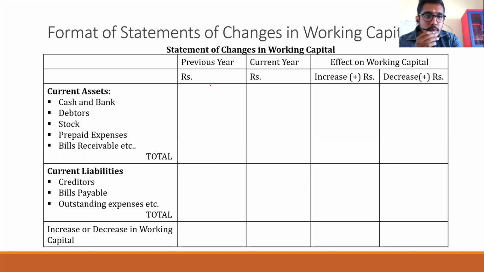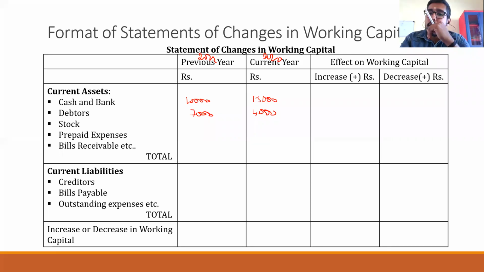Let it be 2019 and 2020. Cash and bank: the amount is 10,000, and it became 15,000. Debtors: 7,000 and 4,000. Can you tell me the amounts in the third and fourth columns?